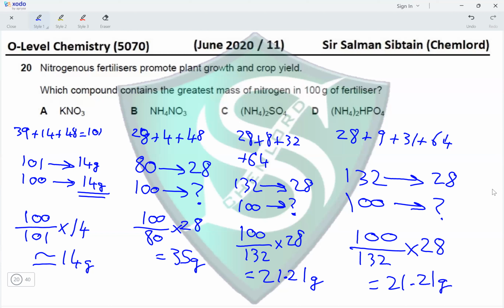Therefore, the question asked which compound contains the greatest mass of nitrogen in 100 grams of fertilizer. The greatest mass of nitrogen is 35 grams in option B, making option B the correct option for this question.